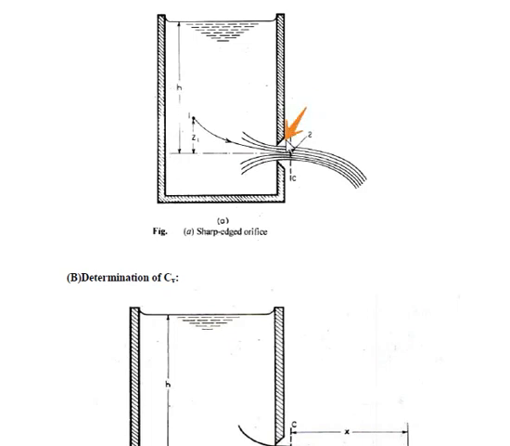This is the height from this level to this level of water, and the value of H. H is the piezometric head, or the head of water from this orifice, and you can see this section CC. This section CC is the vena contracta section, and the water starts discharging.